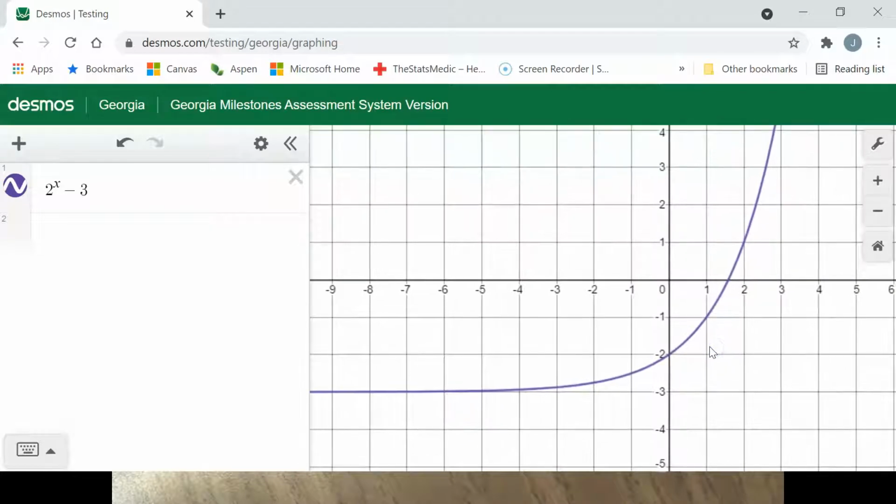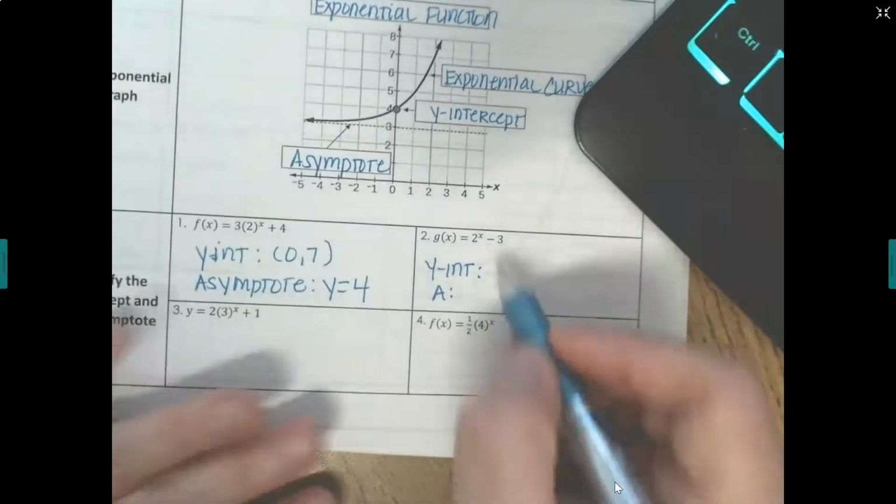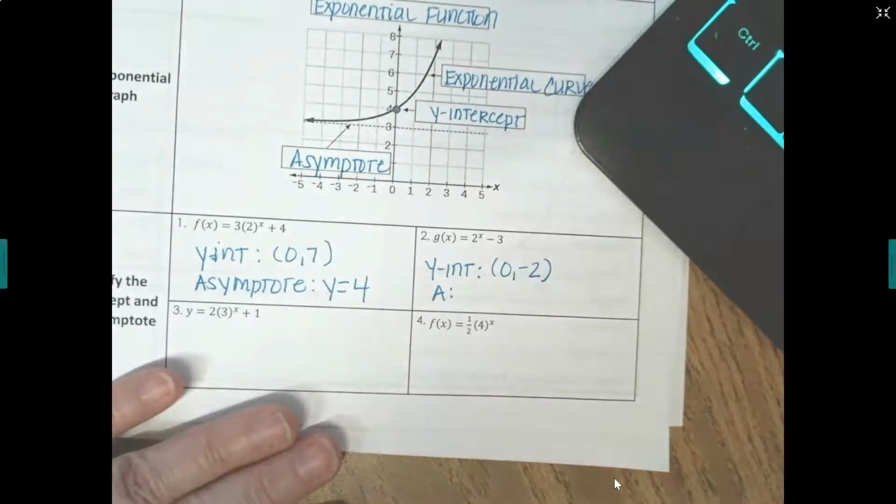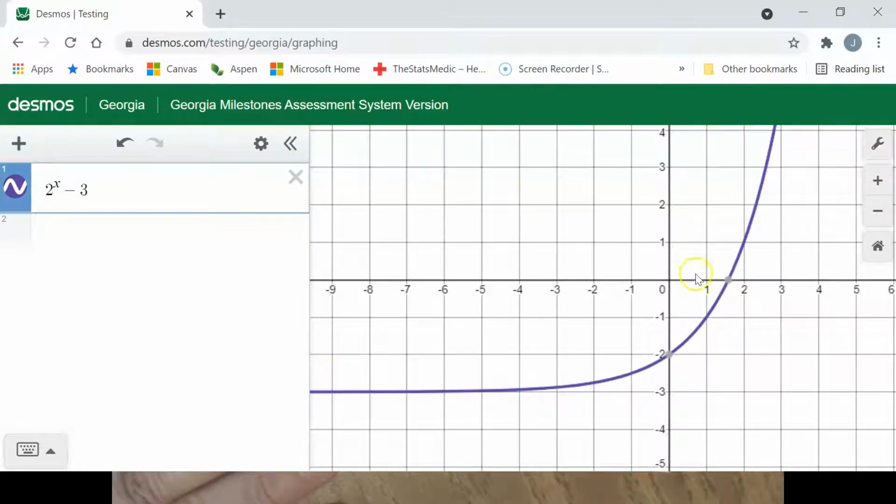All right, so what I was interested in was my y-intercept, which is down here at (0, -2). Okay, and I wanted to know about the asymptote. So let's see if we can figure out what that asymptote is by looking at this graph. It comes down and it gets really flat out here.